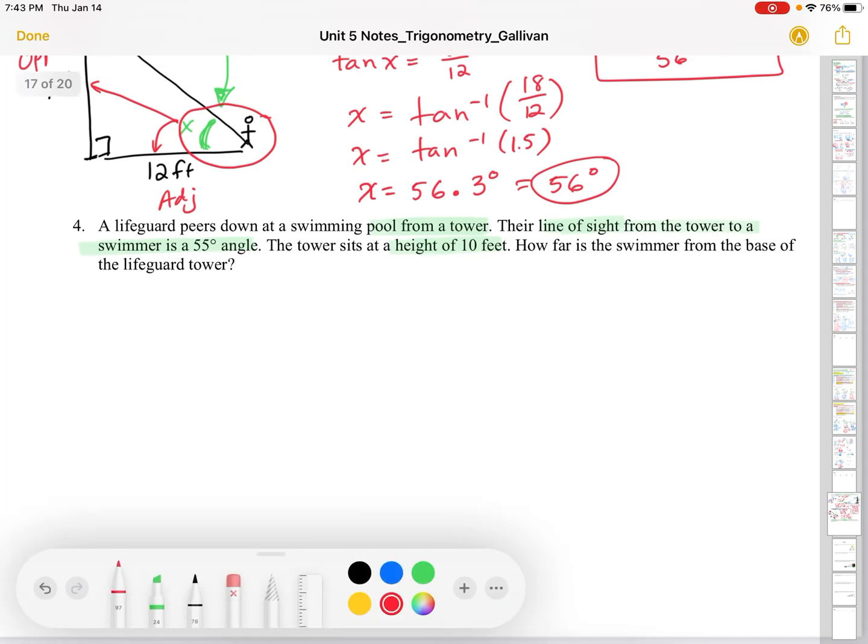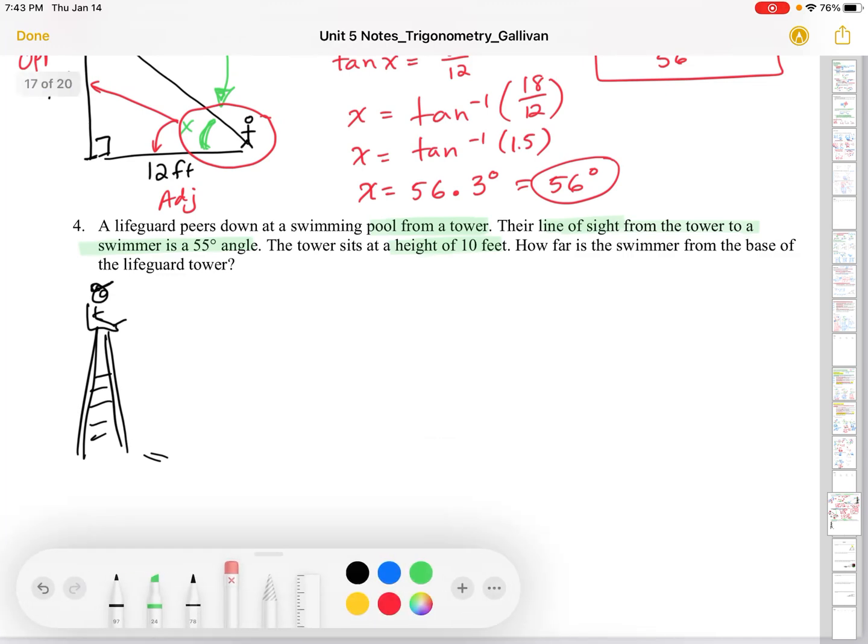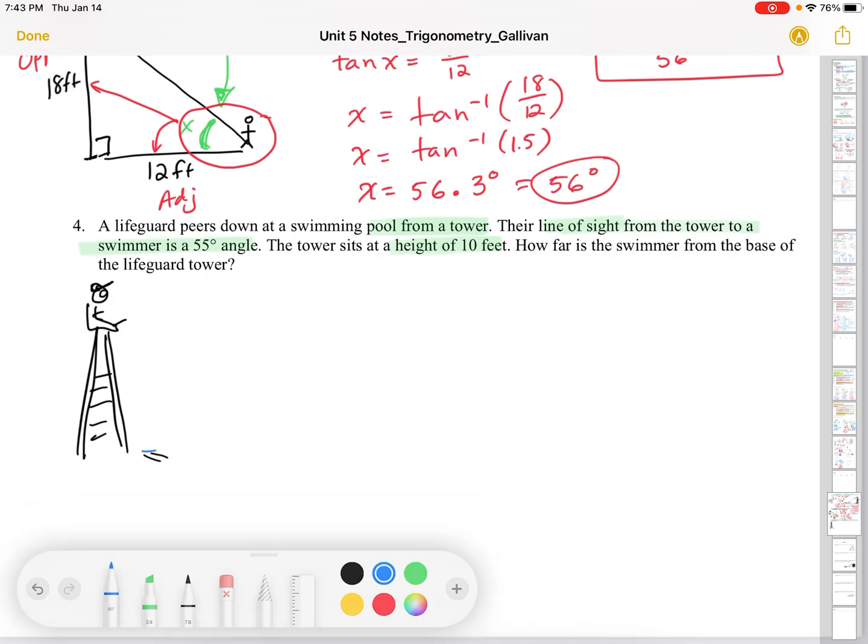So let's draw our picture. So we got our lifeguard up here in his chair or her chair. We don't know if it's a guy or a girl. He's watching, okay? Give him a little ball cap, right? There's his big lifeguard tower. And there's a swimming pool. Oh, I don't want it to be that big because I want to be able to do work. So there's a swimming pool here.